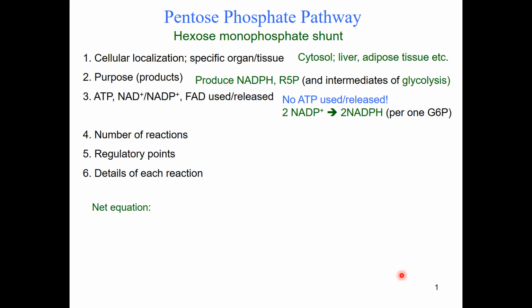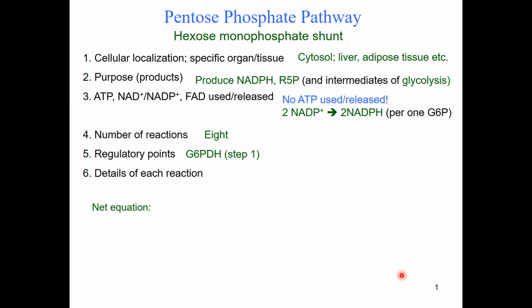As for the reduced equivalents, such as NADPH, here we produce 2 NADPH per 1 glucose 6-phosphate molecule. There are 8 steps total, and the regulatory point for this pathway is the first committed step, the one that is catalyzed by glucose 6-phosphate dehydrogenase.